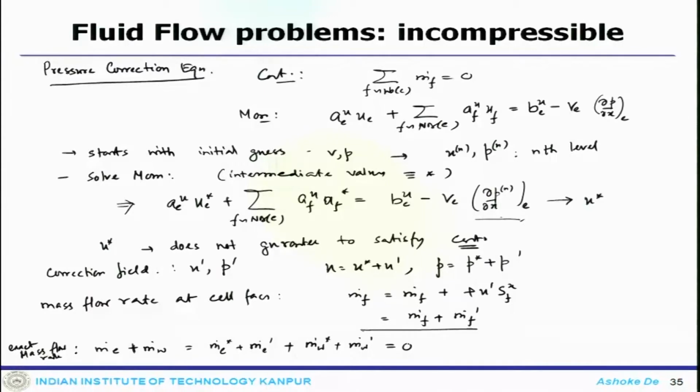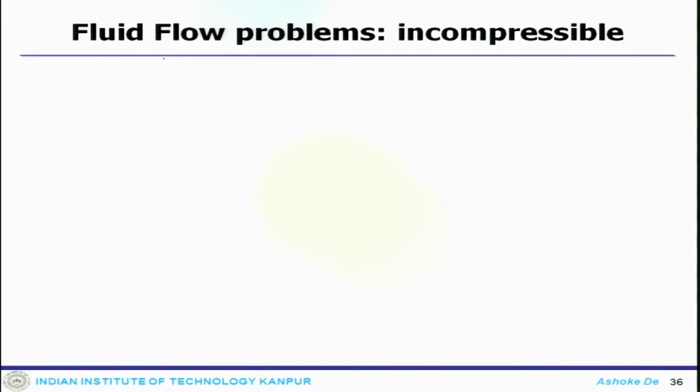Now one can rewrite that as m dot E prime plus m dot W prime equals minus m dot E star minus m dot W star. This is an interesting form of the continuity equation; this equation represents the correction term for continuity.